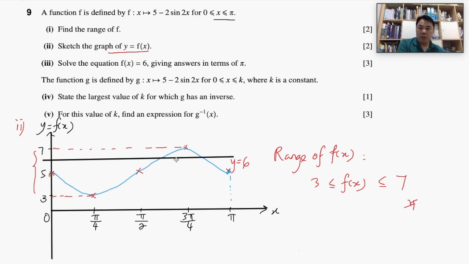As we can see here, there are 2 solutions, or 2 roots, or 2 intersection points. These are the 2 solutions that we expect to get. We need to leave the answer in terms of pi there. So how am I going to obtain both of these solutions? They are also called roots, or intersections.